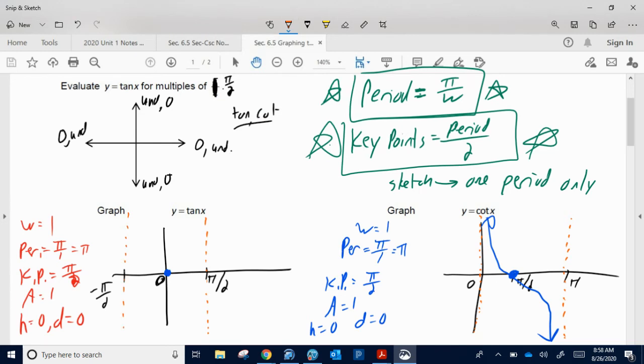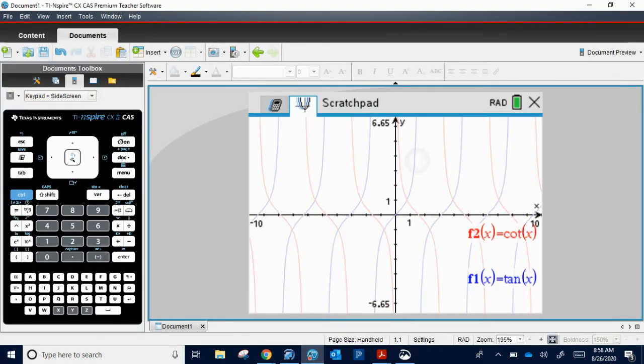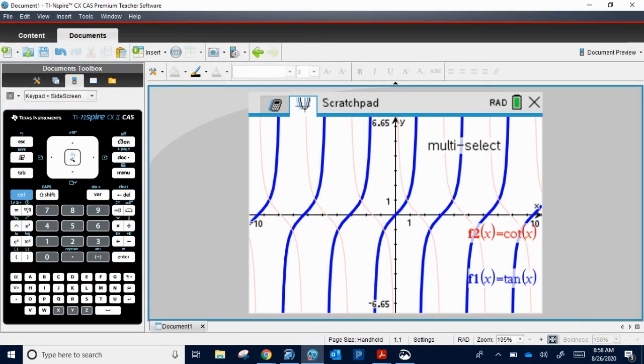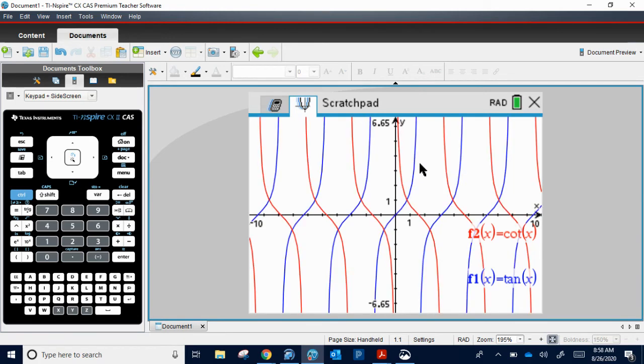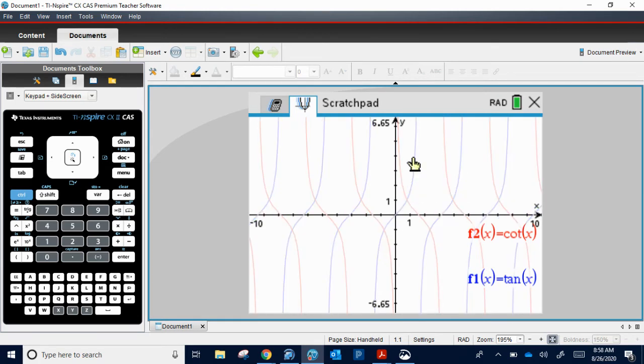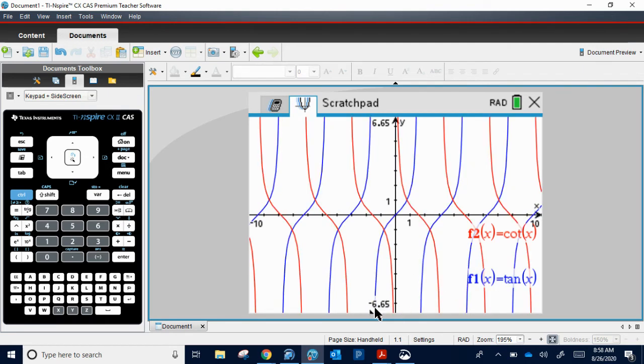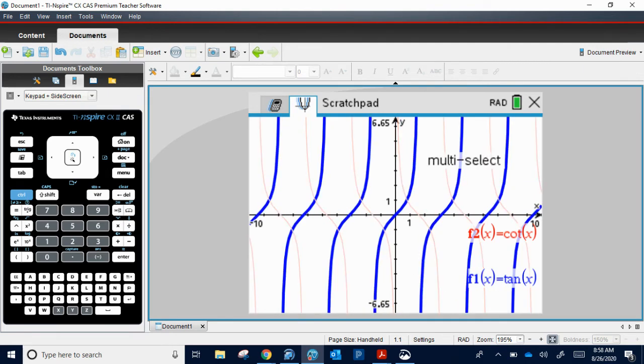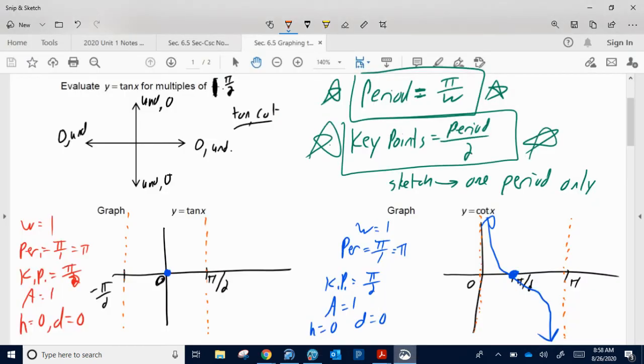And remember back to a tangent curve here, the blue ones, we just kind of did this one where the cursor is going right now, cutting right through 0. It increases, asymptote at negative pi over 2, asymptote at positive pi over 2, increasing throughout. So here, we're going to hug the asymptote on the left side, increase, dive across, hug the asymptote on the right side.